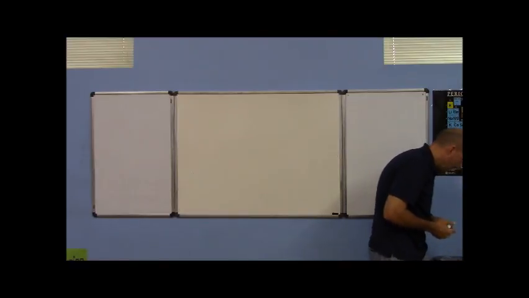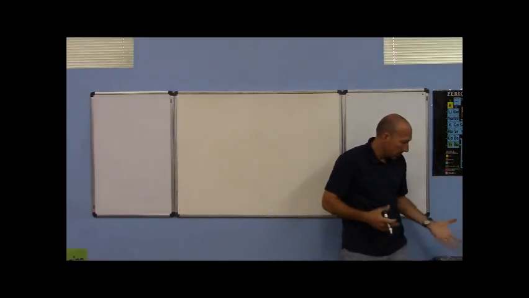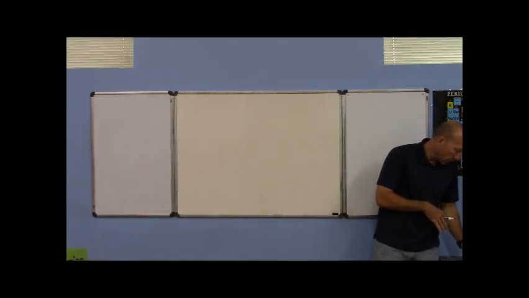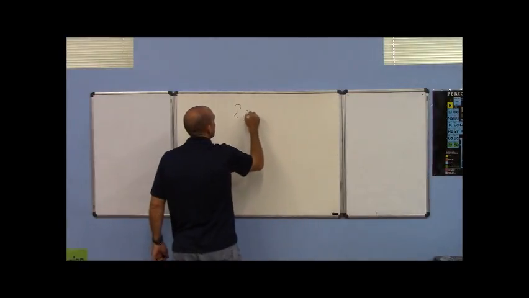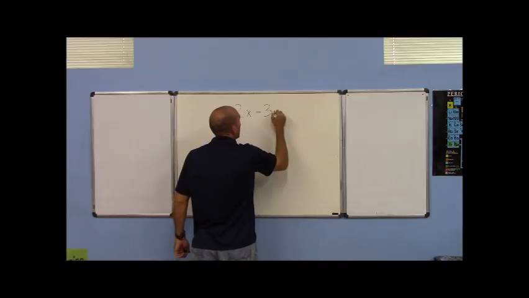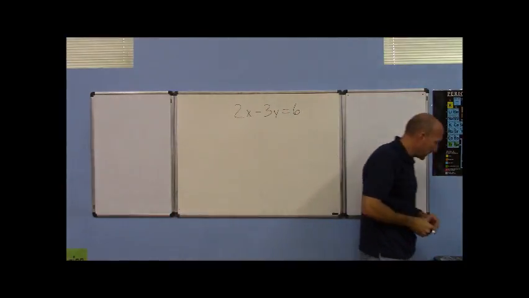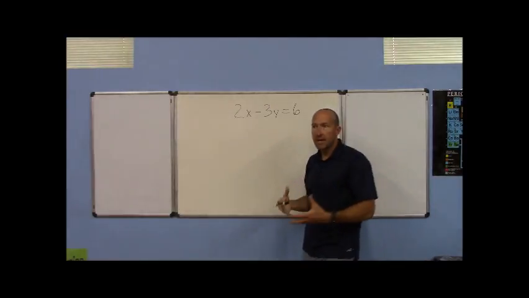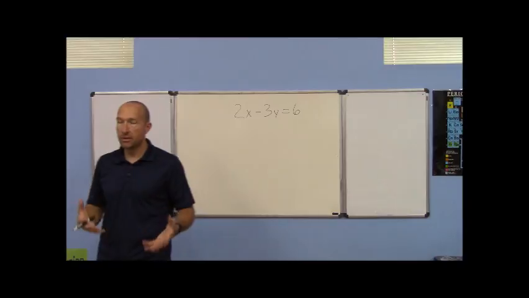Now, if you look at the top of page 100, it will say the equation 2x minus 3y equals 6. This is what's considered the standard form for a linear function, or a linear equation.